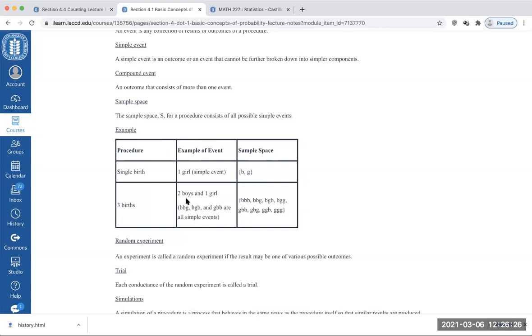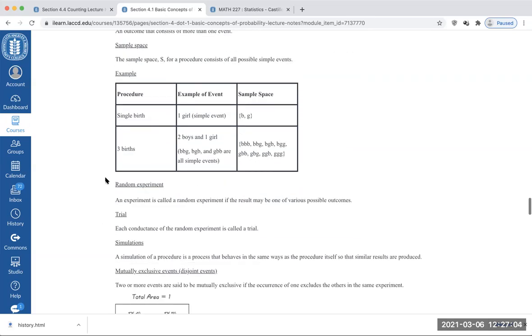You can have, let's say, 2 boys and 1 girl: boy, boy, girl; boy, girl, boy; girl, boy, boy. These are simple events. The sample space will consist of boy boy boy, boy boy girl, boy girl boy, boy girl girl, girl boy boy, girl boy girl, girl girl boy, girl girl girl. Those are the only possibilities you have for 3 births.